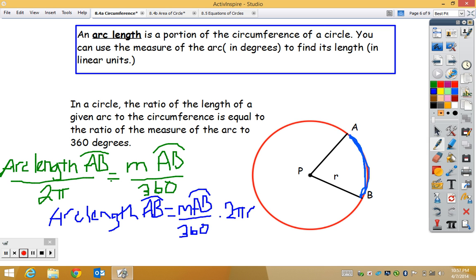Oh wait, this should be an r at the bottom of this one too. So yep, we have the arc length of AB over 2 pi r equals the measure of the arc over 360 degrees, or arc length of AB equals the measure of our arc divided by 360 times 2 pi r.